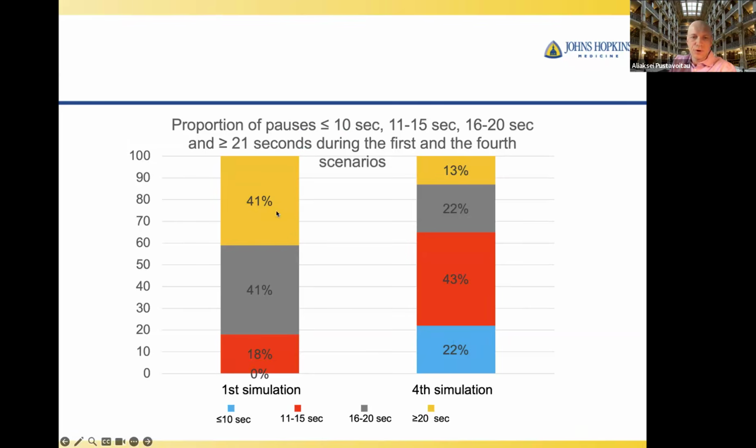In the first scenario, you can see that almost half of the pauses between CPR cycles are greater than 20 seconds, because ultrasound can distract people so much. And after they do several simulations, in the 4th simulation, the absolute majority, like 65%, is less than 15 seconds, and over 20 seconds is only 10%.